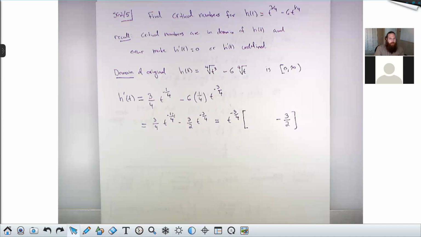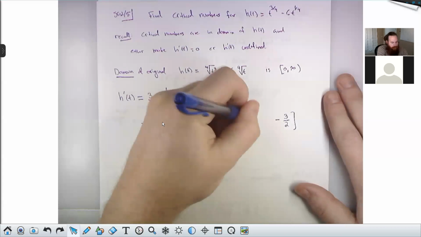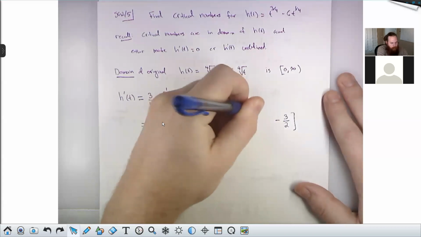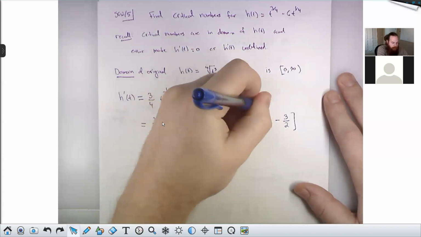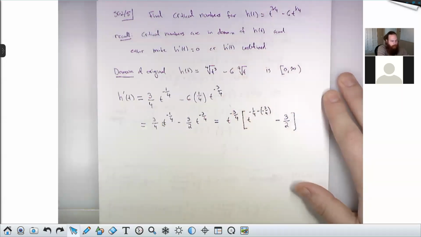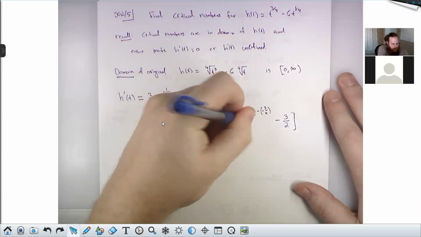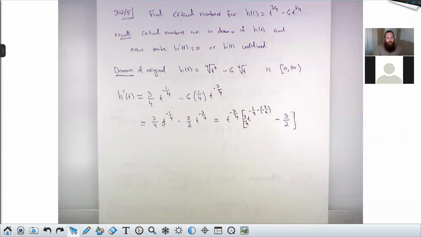Remember, factoring is the same as dividing out by t to the negative 3/4. So this is going to be t to the negative 1/4 divided by t to the negative 3/4, which is the same as t to the negative 1/4 minus negative 3/4. And he had his 3/4 coefficient sitting there.